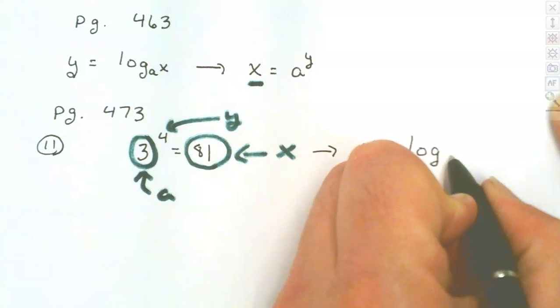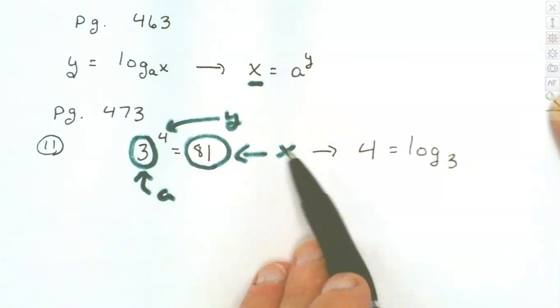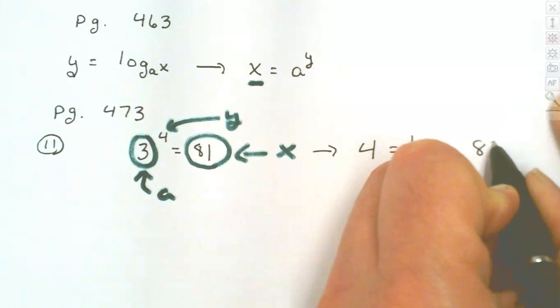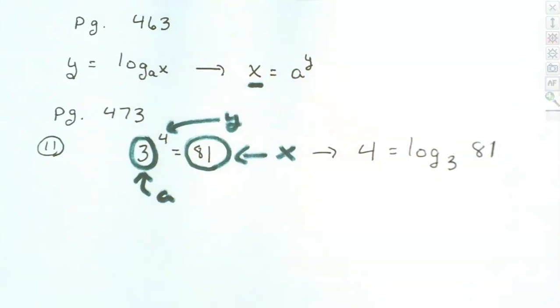My base is a 3. And then what's my x? X then was 81. So the log base 3 of 81 is 4. We're just learning how to convert them. We're not solving any of these yet. We're just seeing how logarithms work, how we can transform them back and forth.